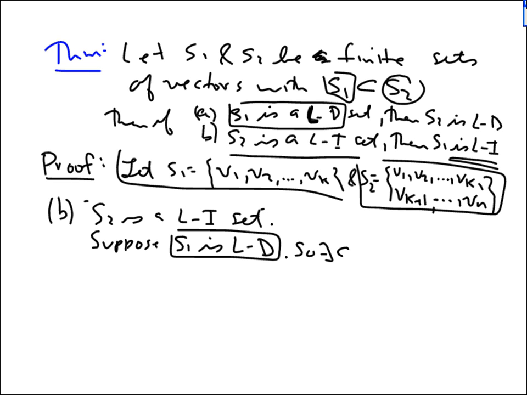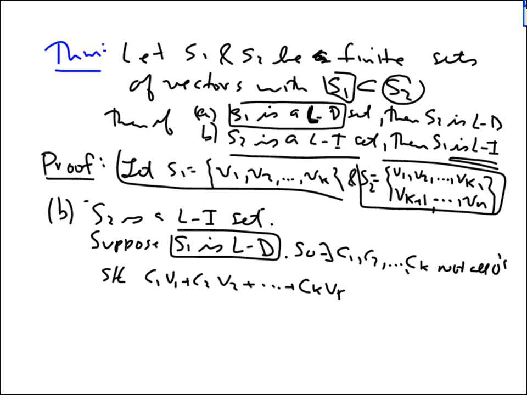So there exist C1, C2, up to CK, not all zeros, such that C1 V1 plus C2 V2, all the way up to CK VK is the zero vector.